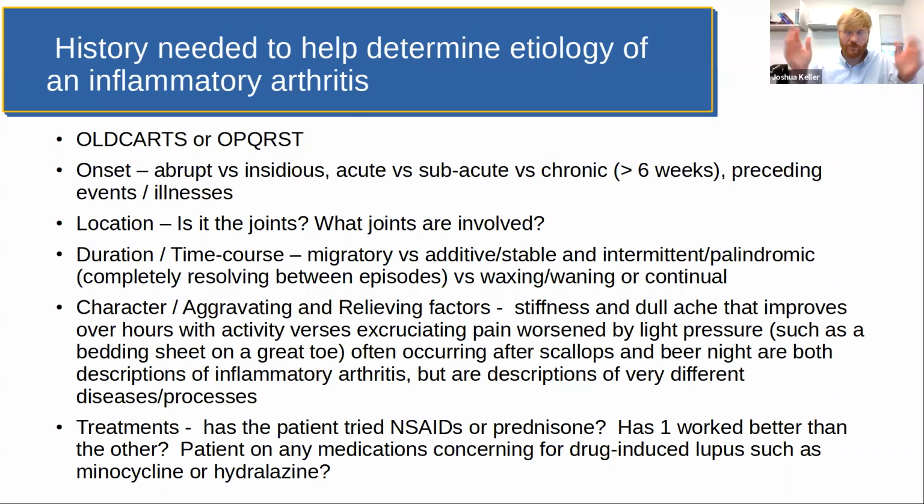I was back to normal. And then 2 months later, I got another episode of red, hot, swollen, say, ankle. And then after a week or two, it kind of went away again. So that's helpful because all these different diseases have different characteristics and likely presentations.